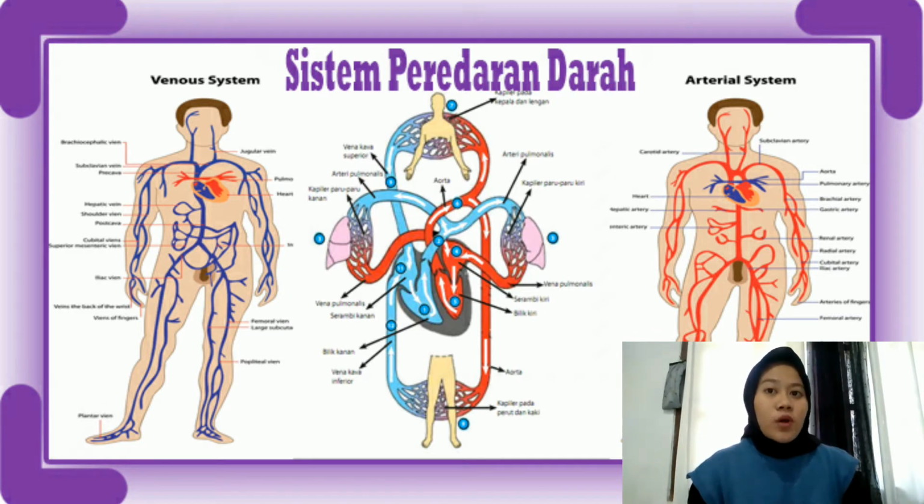The circulatory system, also known as the cardiovascular system, is an organ system that functions to move various substances to and from the body cells. Not only distributing nutrients, the circulatory system also distributes oxygen and carbon dioxide. To understand the circulatory system in humans, here I'm going to describe in full an explanation of the circulatory system, how it works, and its functions.